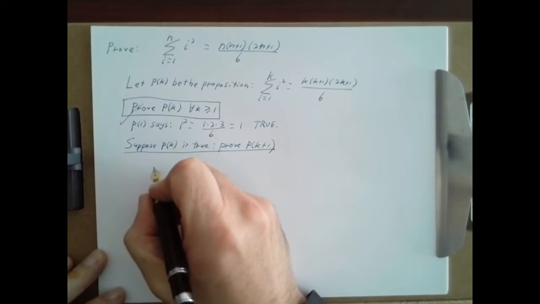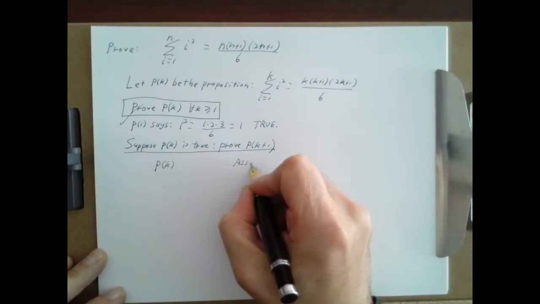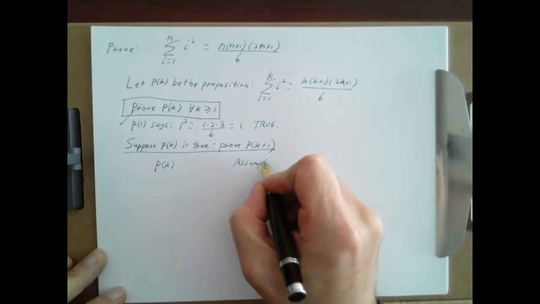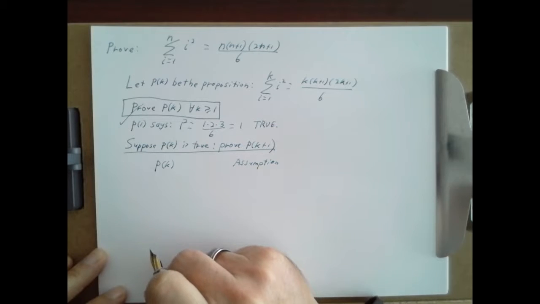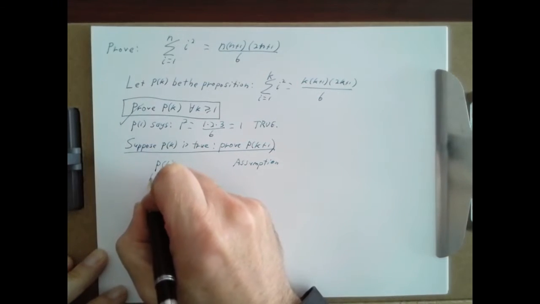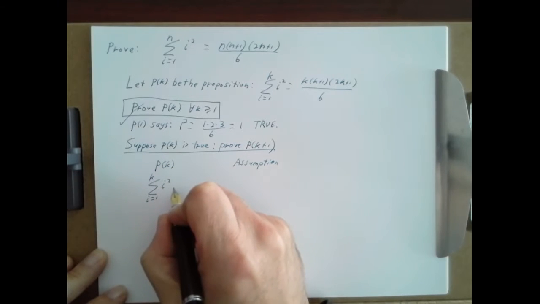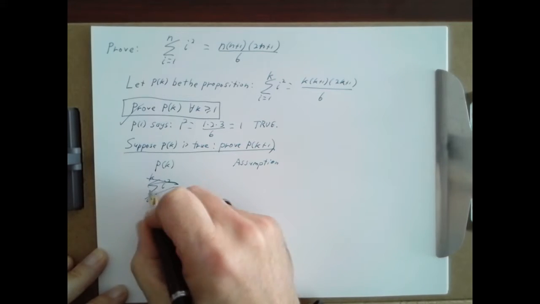So P of k is true. That's an assumption. So what does P of k say? Yeah, let me write it like that.